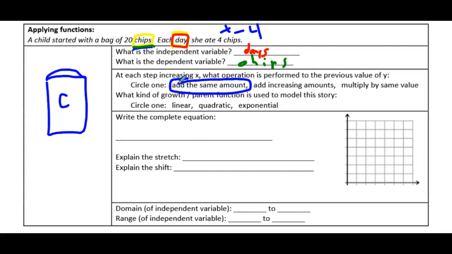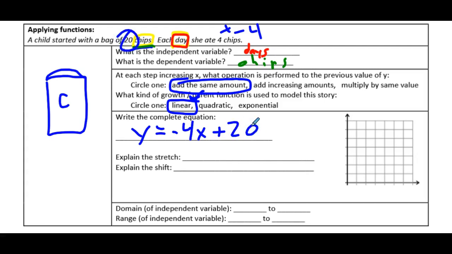What kind of growth is being used for that? That maps onto linear. We form a straight line because every day it goes down 4 in a smooth decreasing function. So let's write our equation for this. If y is our chips, y is going to equal -4 per day plus our starting point of 20 chips.